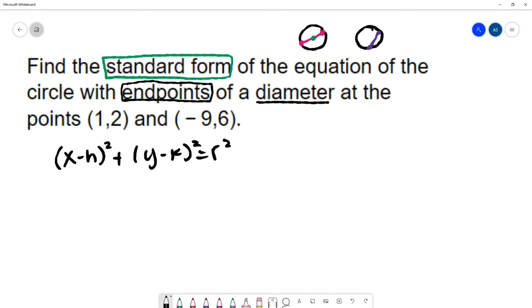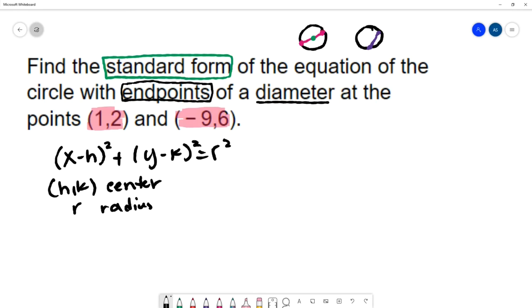So if we know (h, k), the center, and r, the radius, we will be able to write that equation of the circle. So these endpoints of (1, 2) and (-9, 6) are going to be helpful in finding that center and the radius.